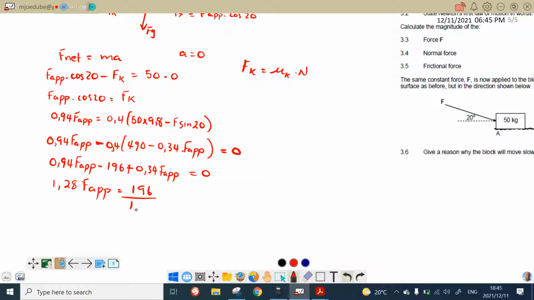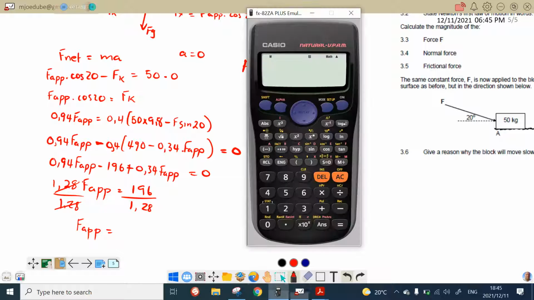So if you divide 196 by 1.28, then your F app is equal to 196 divided by 1.28, which is 153.